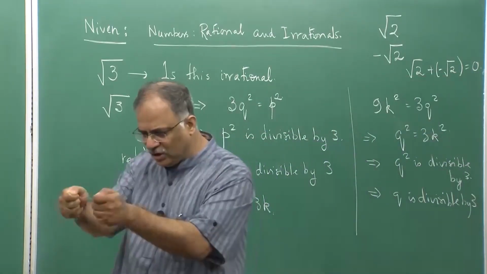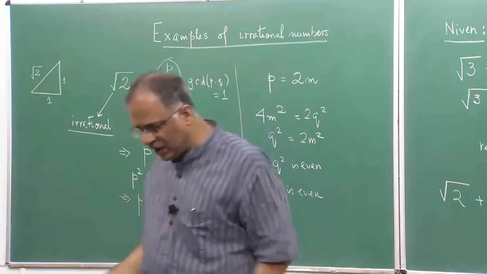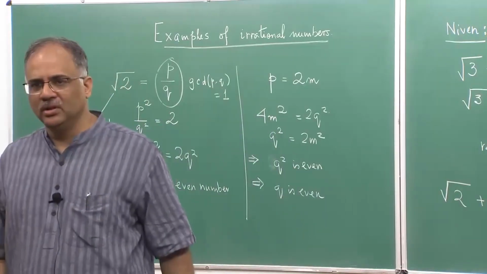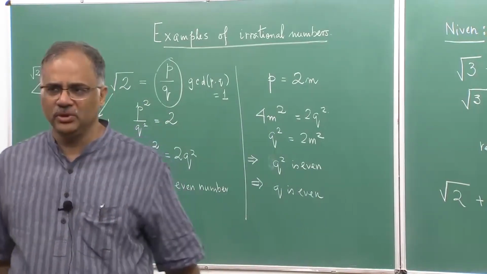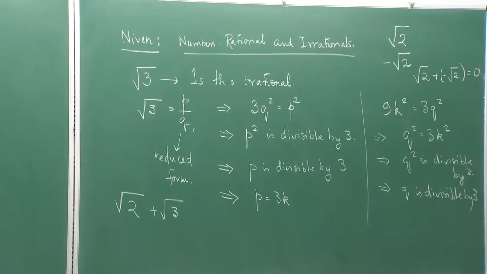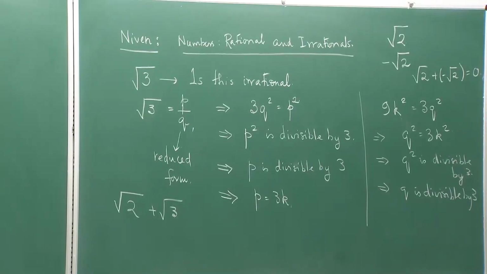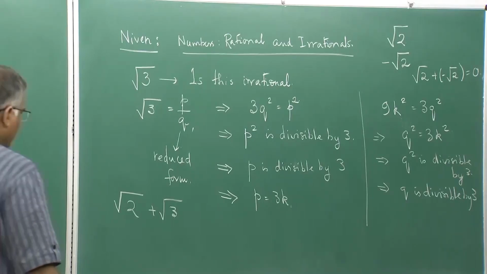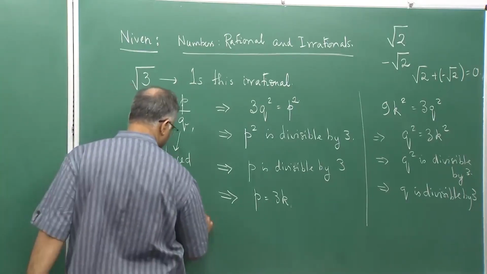If you take two rational numbers and add them, or multiply them, you will always get a rational number, but you cannot guarantee that such a thing would happen when you have two irrational numbers. So, the question is, is this rational or irrational?